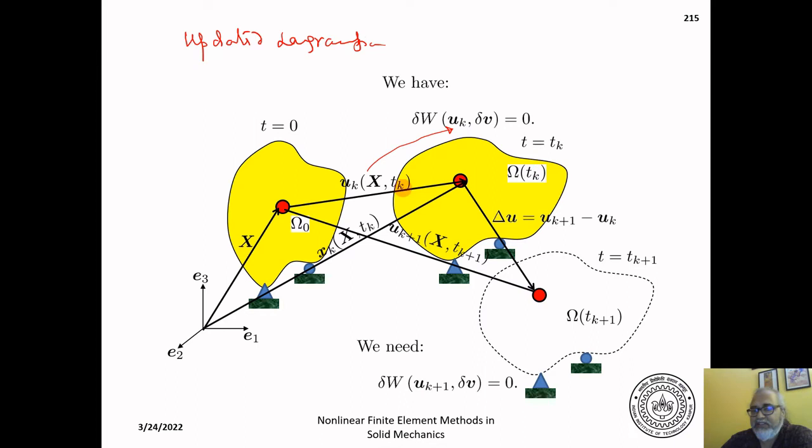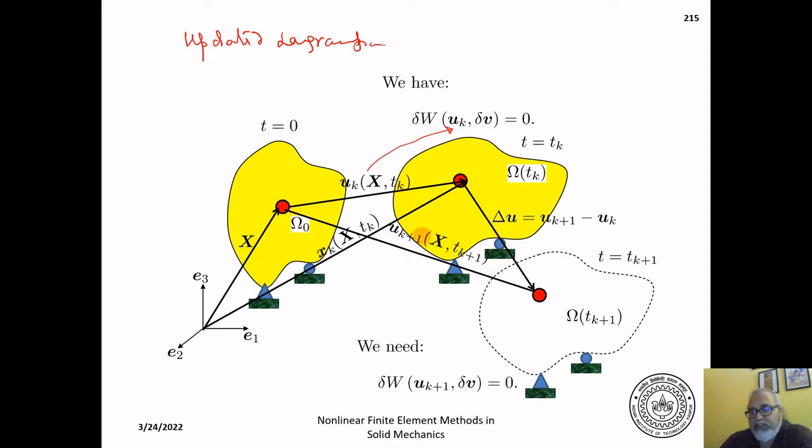Now, given this last converged configuration, I want to find the configuration at time t equal to tk plus 1, which we don't know. To find this, we need to find uk plus 1, which is the displacement of this same point from the reference configuration.